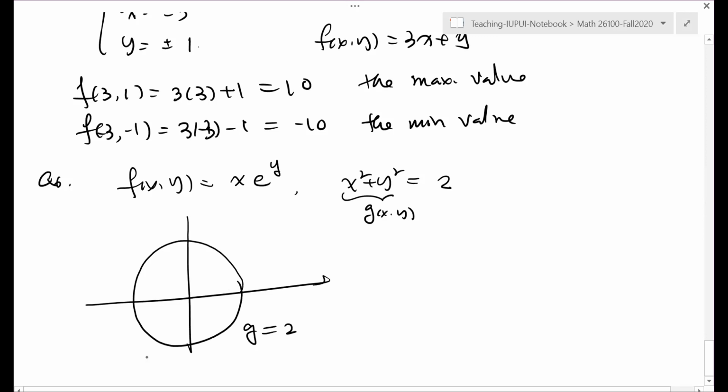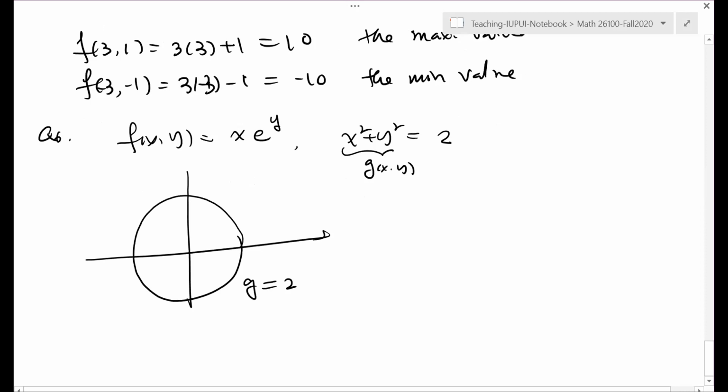Around this circle, if the function has a maximum value somewhere here, then the gradient at that particular point must be perpendicular to this tangent line.